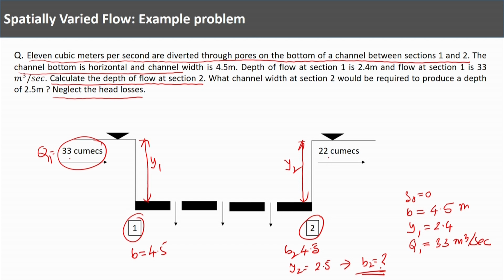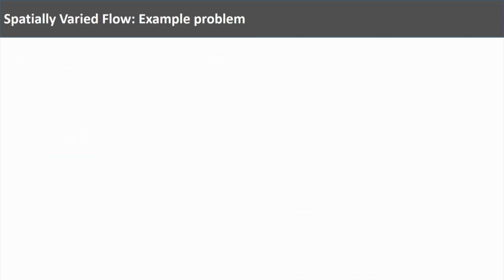Therefore, Q2 will be 22 meter cube per second. In that case, we will apply the energy equation here, and energy at section 1 and section 2 will be equal. So, let us solve the problem.